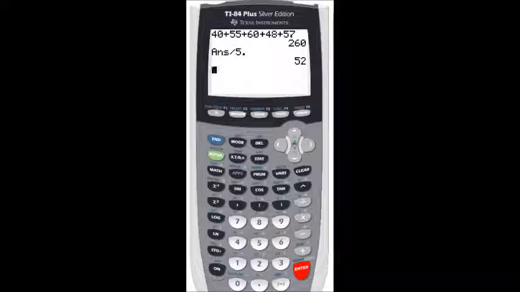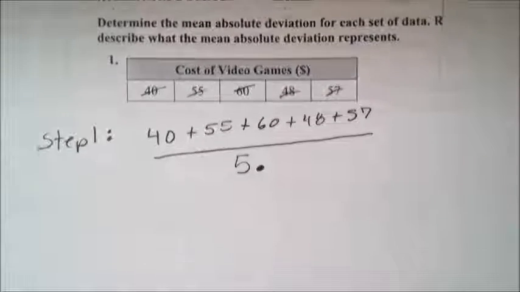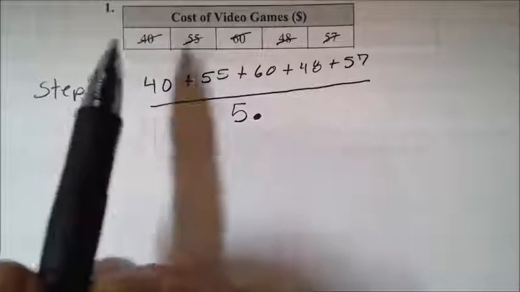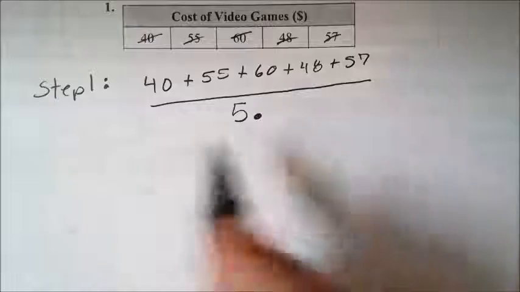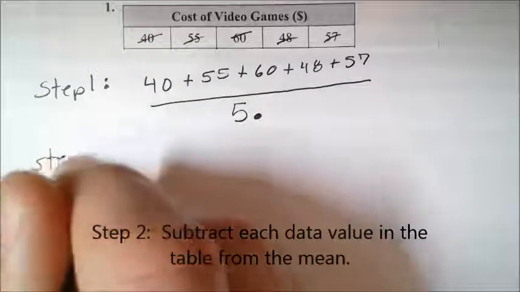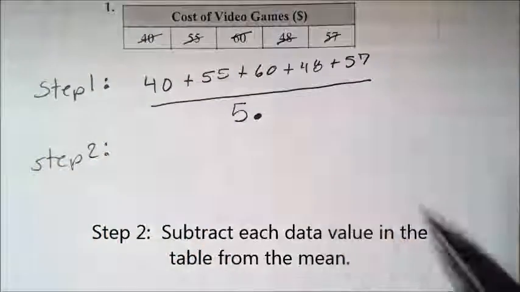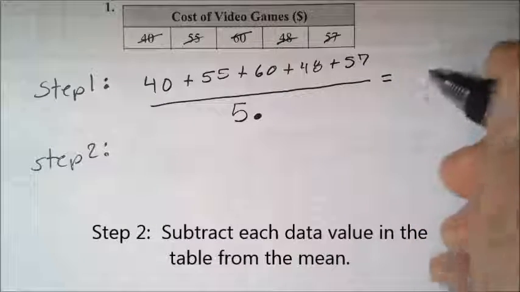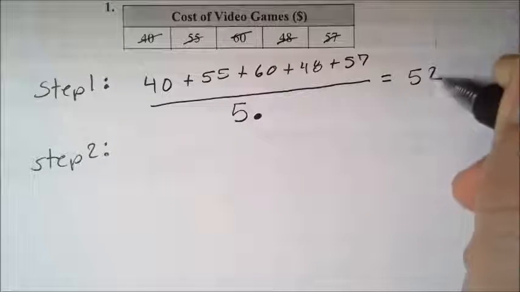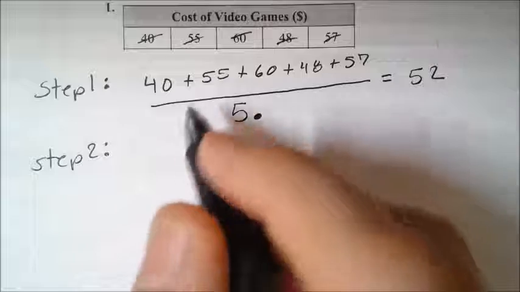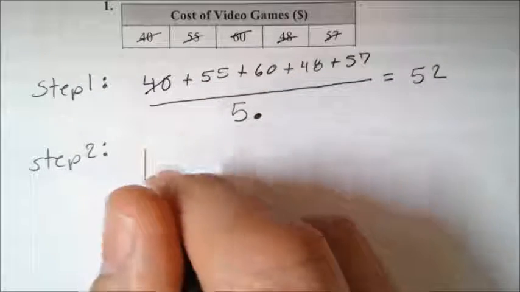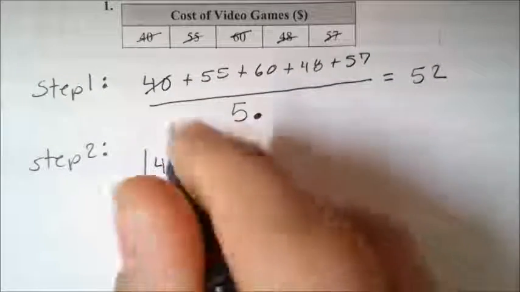So what we're going to do now is subtract each one of those numbers that we had in our table from the mean, and that's step 2. Alright, so I'm going to go ahead and move this up a little bit. I've already got my numbers written down right here, and I'm going to go ahead and go to step 2. So I'm going to write on here step 2, because we found in step 1 that our mean was equal to 52. So now I'm going to go ahead and mark these off one at a time and put them in absolute value brackets.